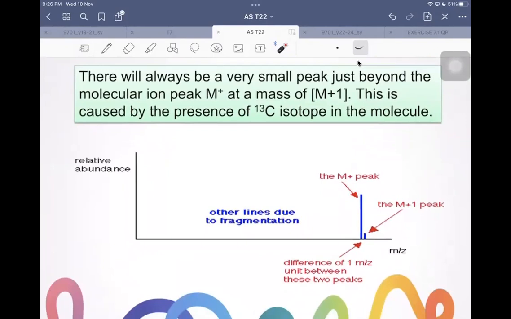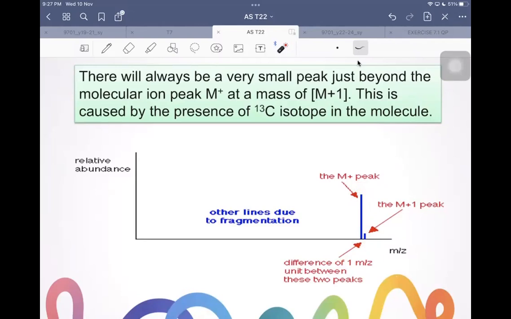Right, so if you see your molecular ion peak is not the biggest mass to charge ratio, and there is another line beyond it and the difference is just by 1 unit, that's why it's called M+1. This is because of the presence of carbon-13 isotope.